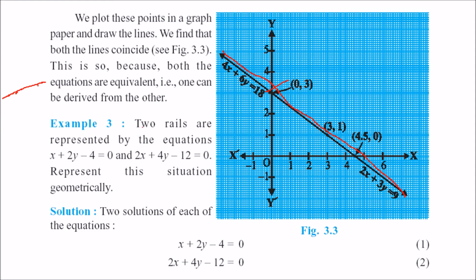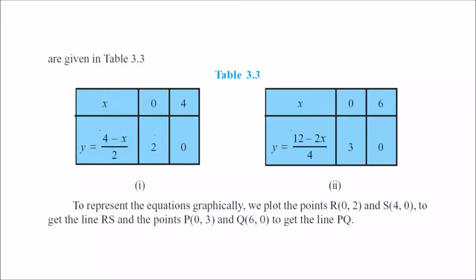Let us take one more case. Two rails are represented by this and this. These are two rails, and rails are always parallel, they don't intersect. How are they parallel? If you are aware of the slope, that is m, both equations have a similar slope. But we'll try to solve it the way we have been solving. We'll take some value of x, place it in this, and try to find out the y.